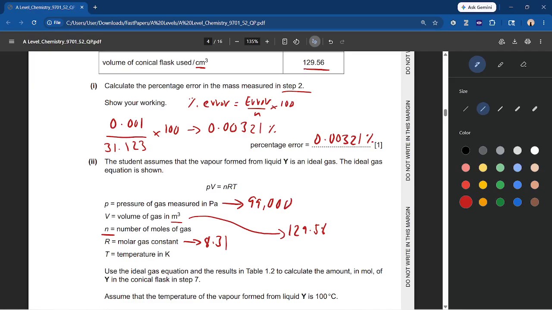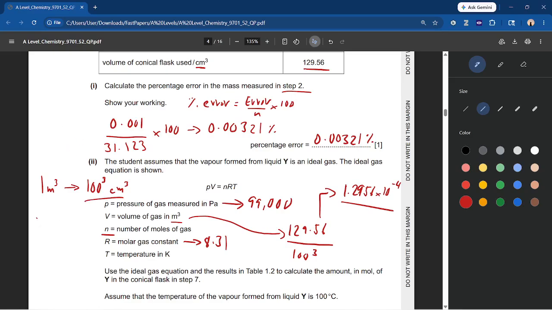And if you do the math, 129.56 divided by that gives you 1.2926 times 10 to the power minus 4. So that's our volume. Because remember, 1 meter cube is equal to 100 cube centimeter cube.